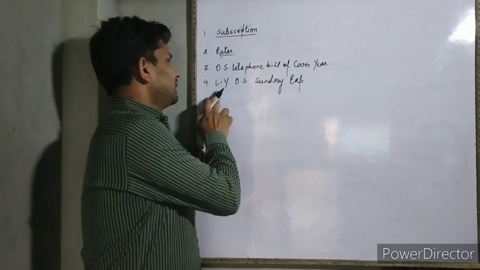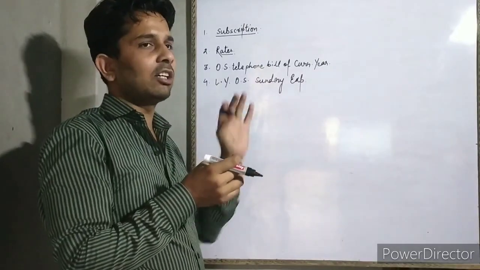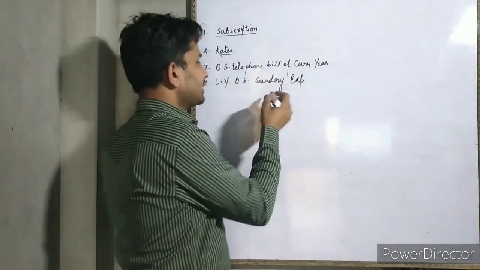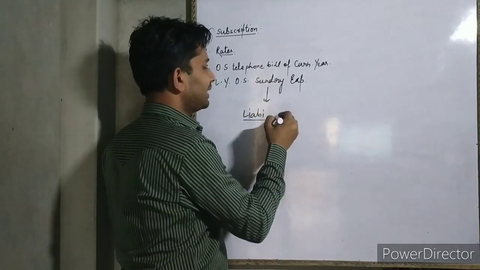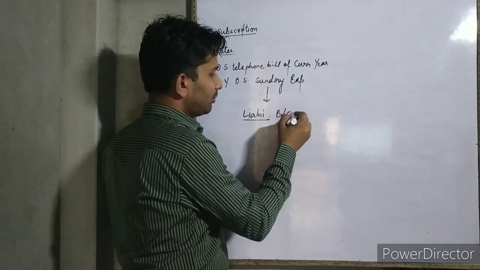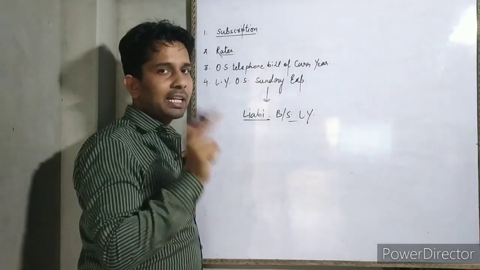Now, this is last year's outstanding sundry expenses. The outstanding expenses of last year we will post in the liability side of the balance sheet of last year. But one particular adjustment has to be posted twice.